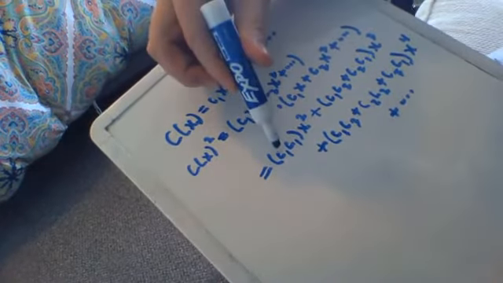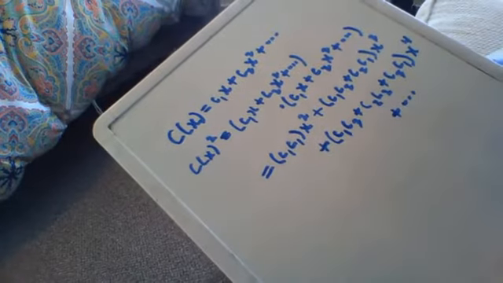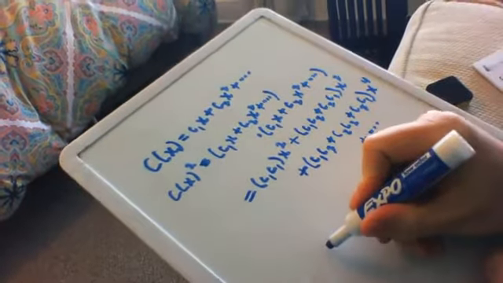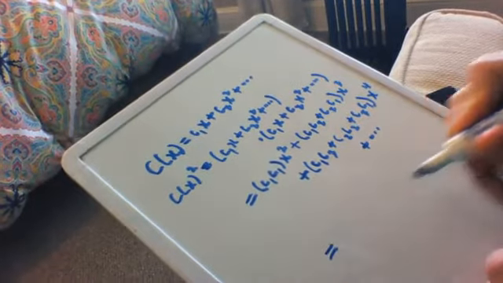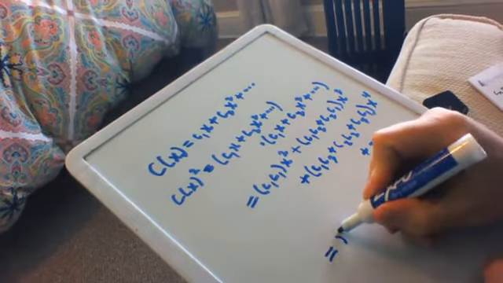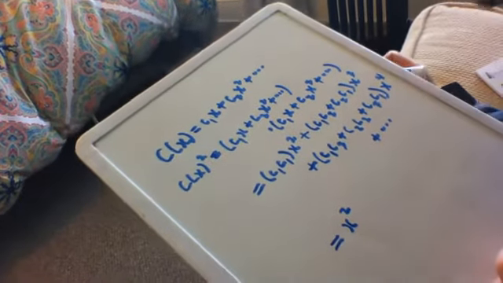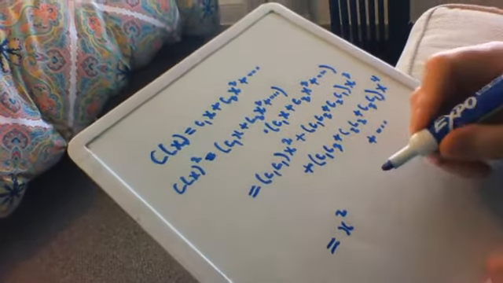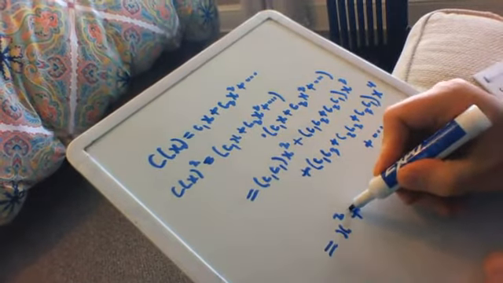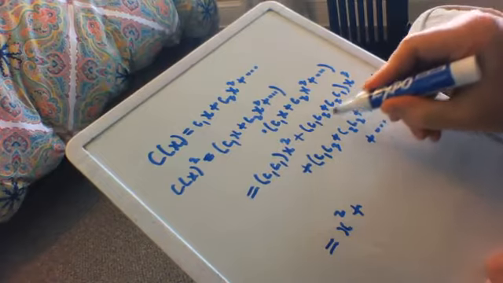And in fact, C1 C1 is just 1. So what is this? Well, C1 C1 is just 1, so this is going to be x squared plus, look at this, that's just C3.